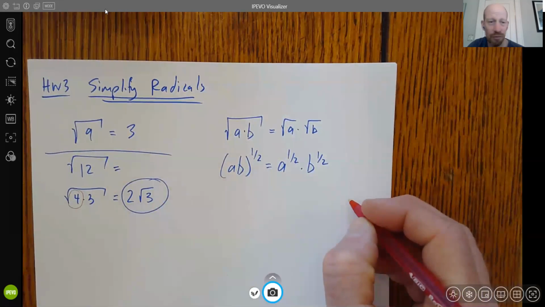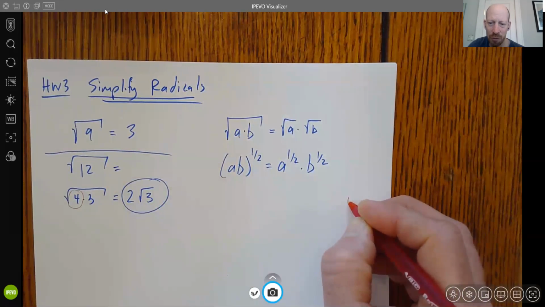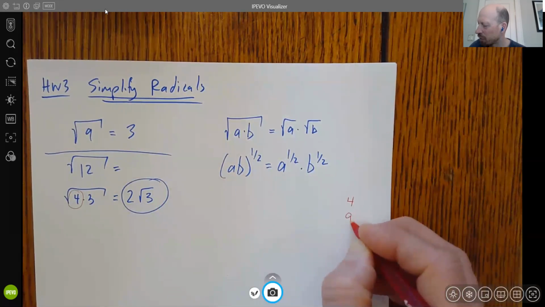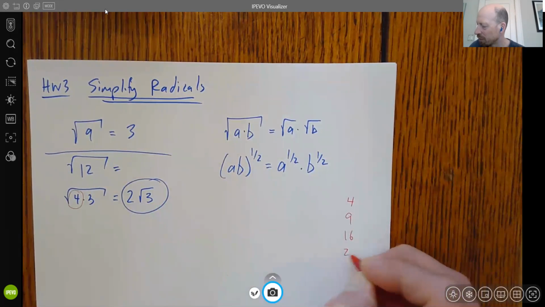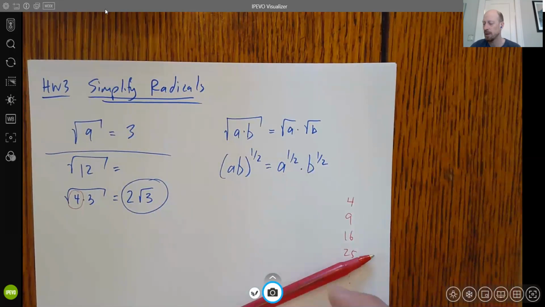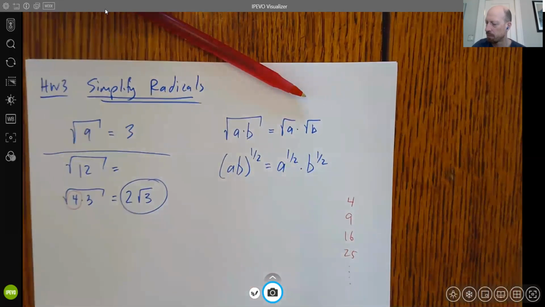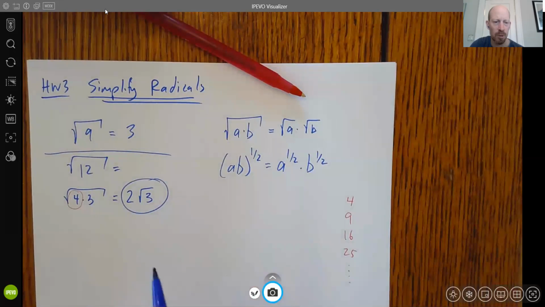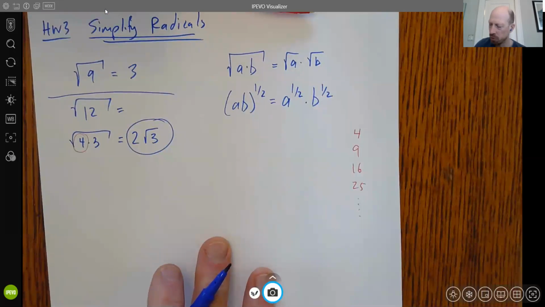You probably know many of these already: 4, 9, 16, 25, etc. Those are going to come up a lot for us, so just be very comfortable with those, or look for those with these problems. Okay. Let's try another example.